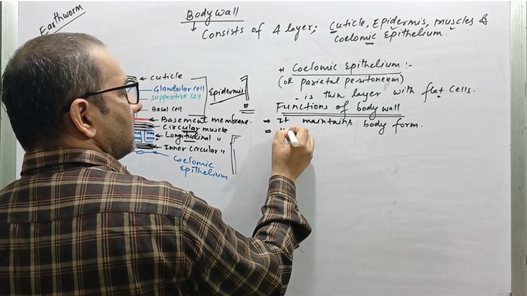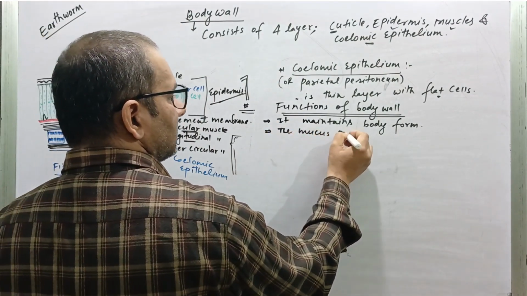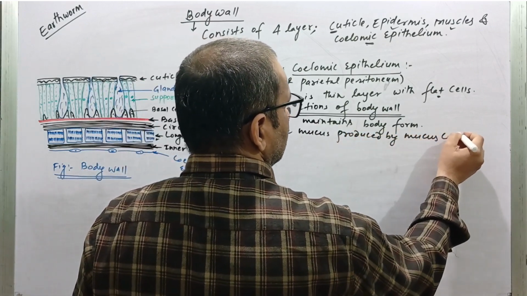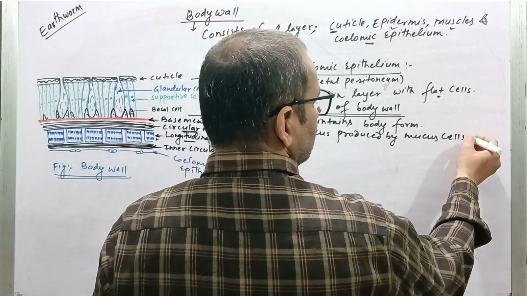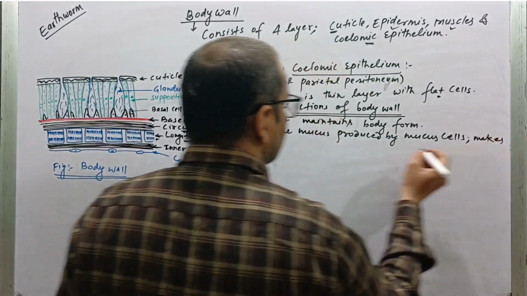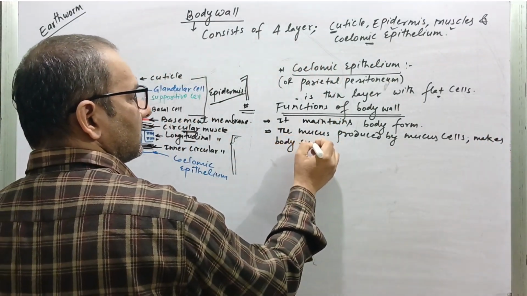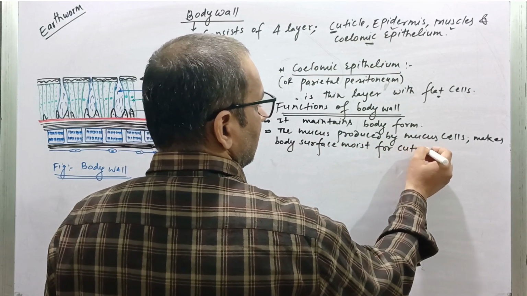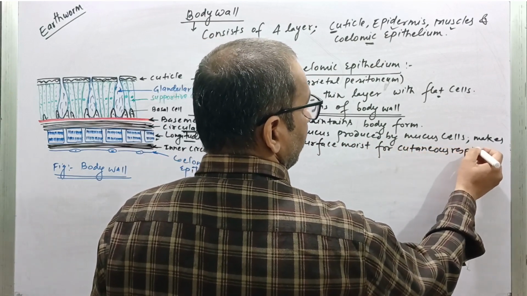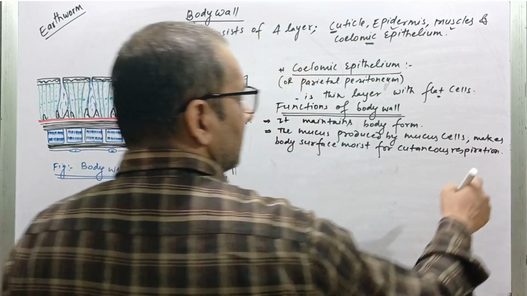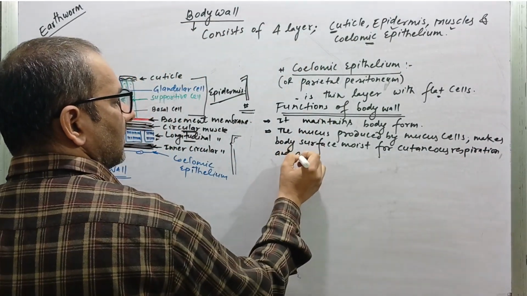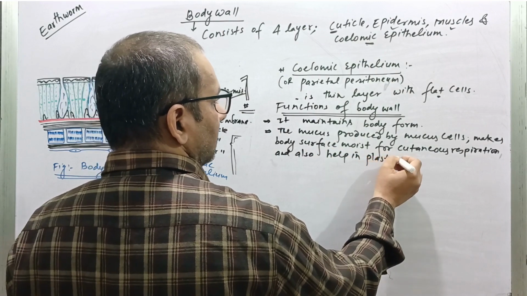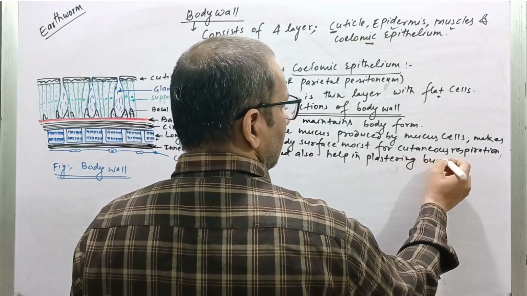In the same way, the mucus produced by mucus cells makes the body surface moist for cutaneous respiration and also helps in plastering burrows.